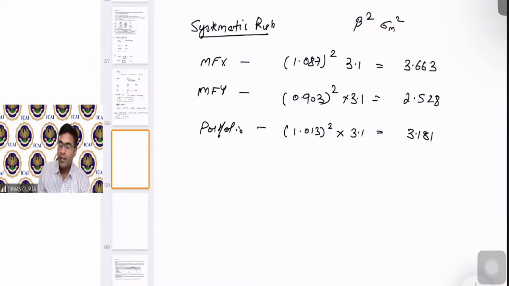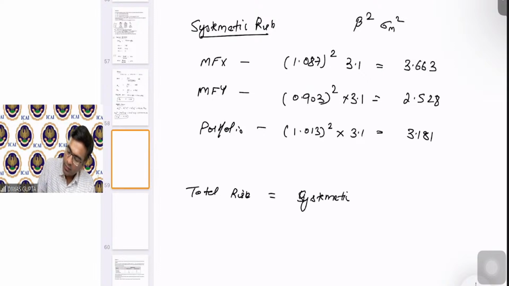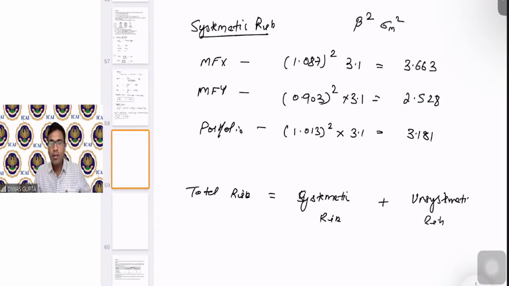One more thing, students, I just want all of you to remember, please, that whenever we have to do this, systematic risk plus unsystematic risk. So students, this is the equation, right?